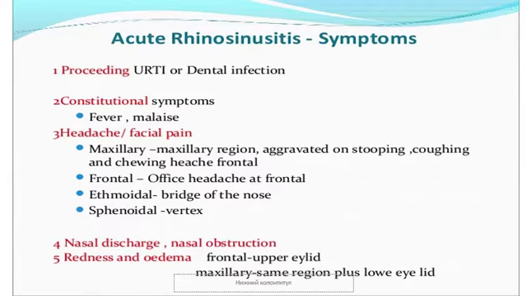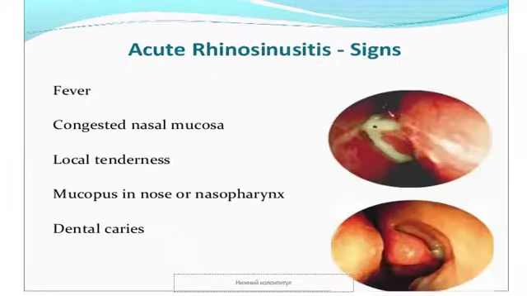In frontal sinusitis, there is often headache at the frontal region. In ethmoidal sinusitis, pain at the bridge of the nose is a common symptom. In sphenoidal sinusitis, the vertex is more painful. There are also nasal discharge, nasal obstruction, and redness and edema of the upper eyelid in frontal sinusitis, and of the upper plus lower eyelids in maxillary sinusitis.